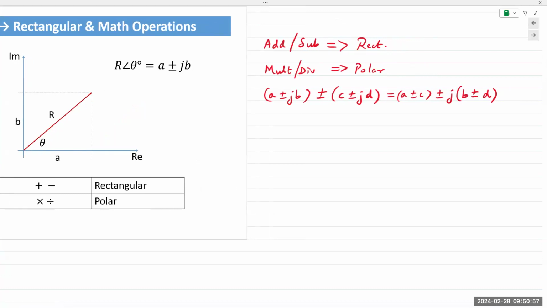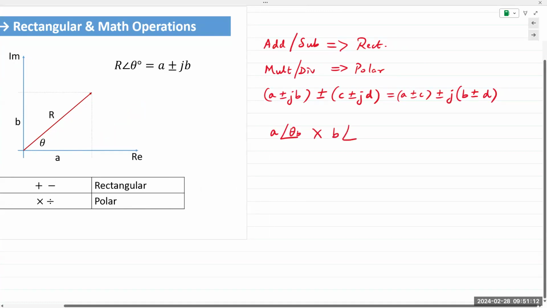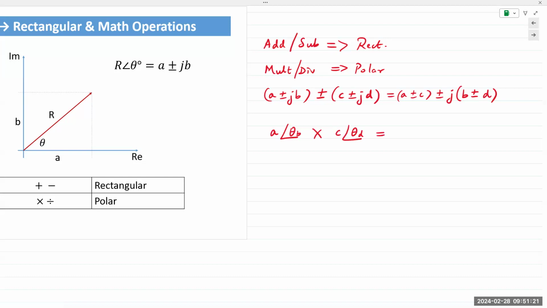If you're performing multiplication and you have polar coordinates, A with a phase angle of theta B, multiplied by C with the phase angle of theta D, then the magnitudes are multiplied and the phase angles are summed up.